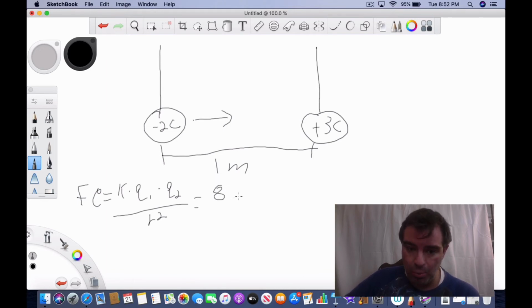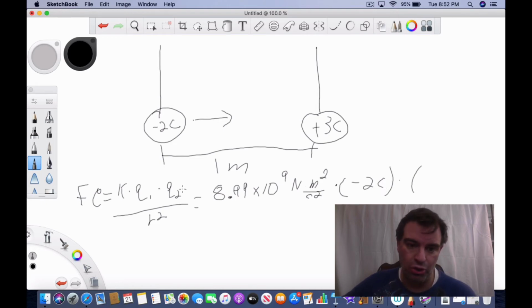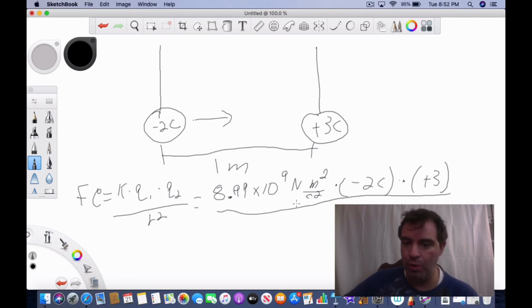That's 8.99, which is very close to 9, times 10 to the ninth newton meters squared per coulomb squared, times the first charge, which is -2 coulombs, times the second charge, +3 coulombs. We divide the whole thing by the distance between them, 1 meter, squared.